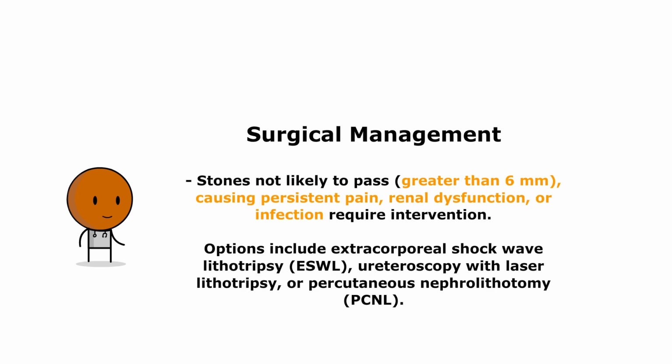Surgical intervention: stones not likely to pass are typically greater than 6 millimeters, causing persistent pain, renal dysfunction, or infection, and require intervention. Options include extracorporeal shockwave lithotripsy, ureteroscopy with laser lithotripsy, or percutaneous nephrolithotomy.